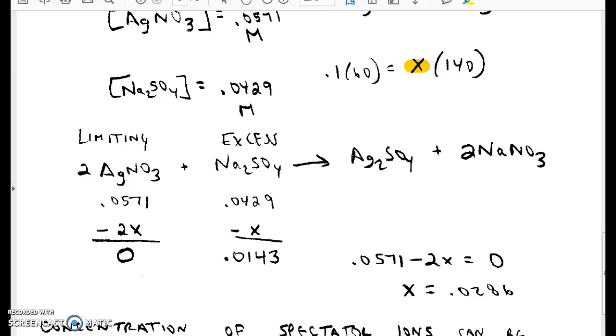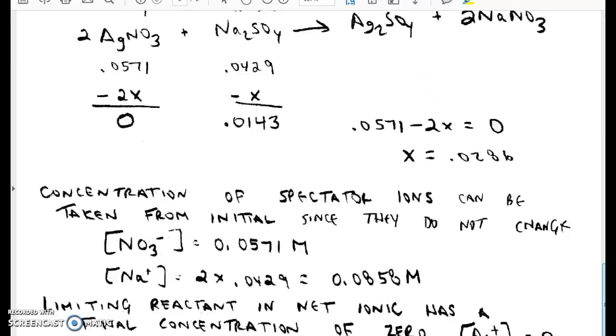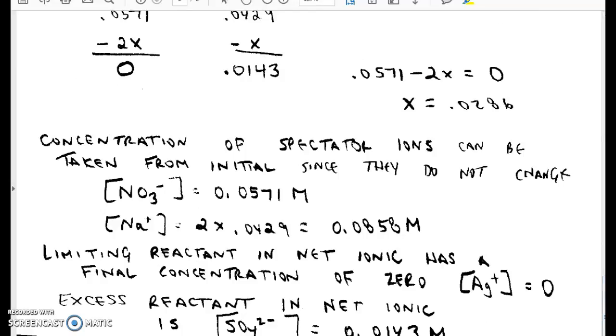So down here at the bottom of the page, since the spectator ions do not change in the reaction, the concentration of the spectator ions is the same as that initial, at the instant of mixing, concentration. So the nitrate ion is the same as the concentration of the silver nitrate, 1 mole of nitrate for every 1 mole of silver nitrate, 0.0571 molarity.